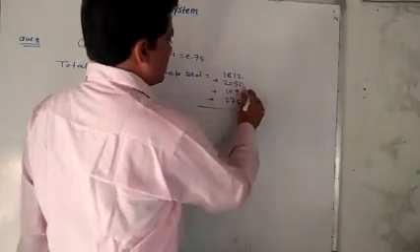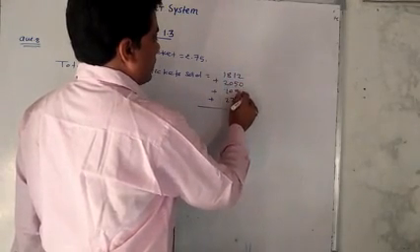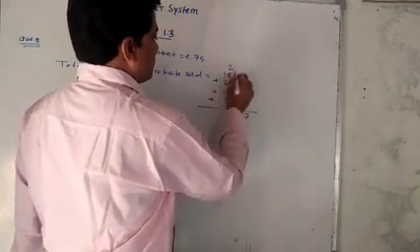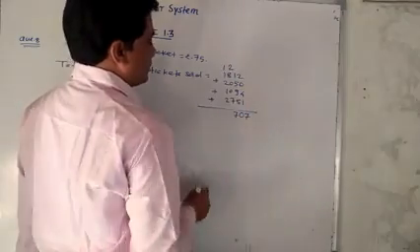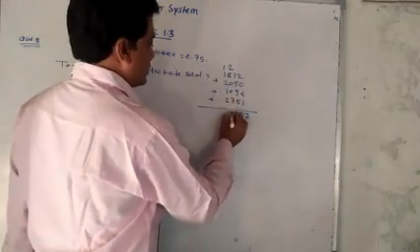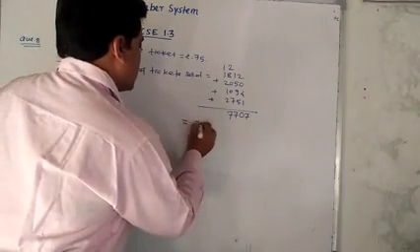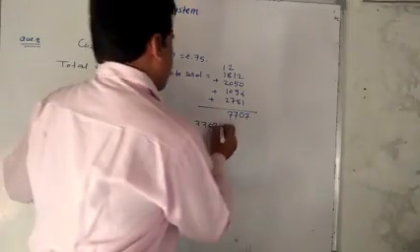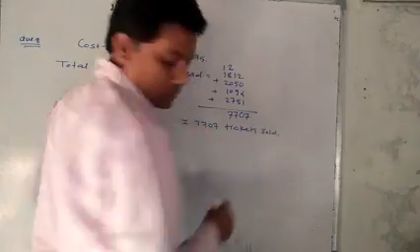Therefore 2 plus 4, 6 plus 1, 7, 1 plus 5, 9 plus 1, 10, 10 10s are 20 carry 2, 2 plus 8, 10 plus 7, 17 carry 1, 1 plus 2 plus 4 plus 5 plus 2, 7, means total number of tickets sold is equal to 7707 tickets sold.